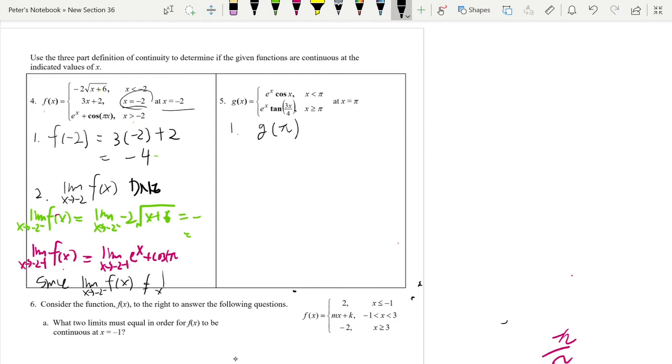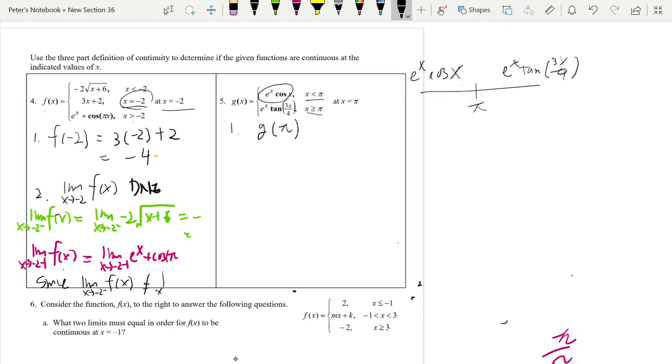And to find g of pi, we have to look at the interval. For this function, to the left of x equals pi, not including the point x equals pi, we're using e to the x times cosine of x, right? The right side of it, we're using e to the x times tangent of 3x over 4.